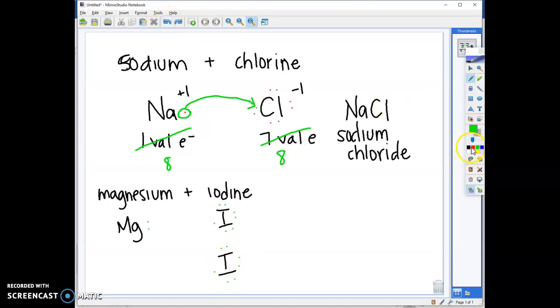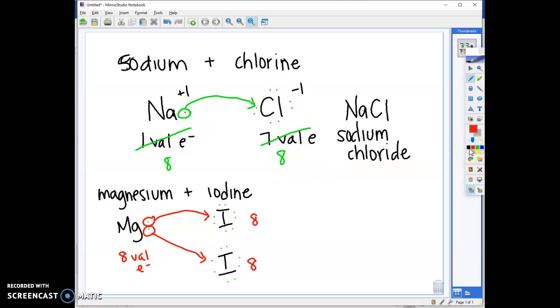So what's going to happen now is this first valence electron will join right over here to this top iodine, and the one here will go down here. So now magnesium is back happy with 8 valence electrons because it's going to drop down to its lower shell. This iodine has 8 and this iodine has 8.